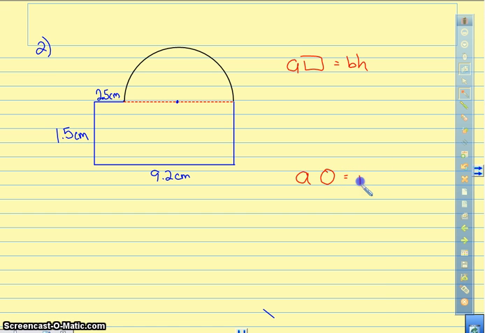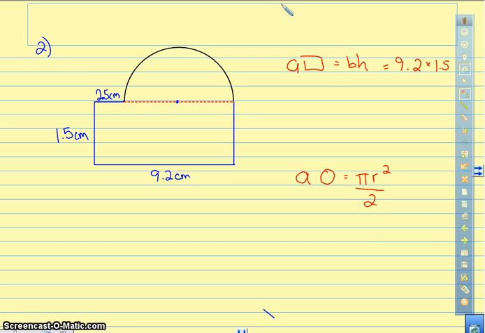Now the area of a circle is pi r squared, but since it's only half a circle, we're going to have to divide that by 2. For my rectangle, my base is 9.2 and my height is 1.5. So I'm going to grab my calculator here.